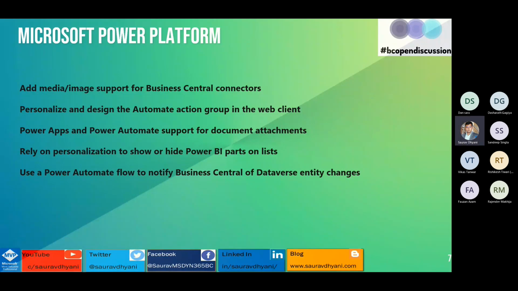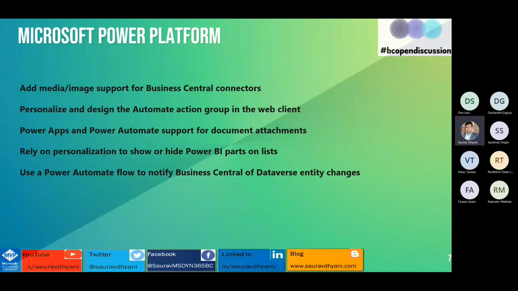Now, this is again pretty little information available at this moment, that there is a Power Automate flow that you can build to notify Business Central when the Dataverse entity changes, which means Dataverse acts, consider it as a pipe, which is used to interact in different business and Dynamics 365 applications. But till now, it seems it was unidirectional, as in it was sending data from Business Central to Dataverse, and then anybody can utilize it.